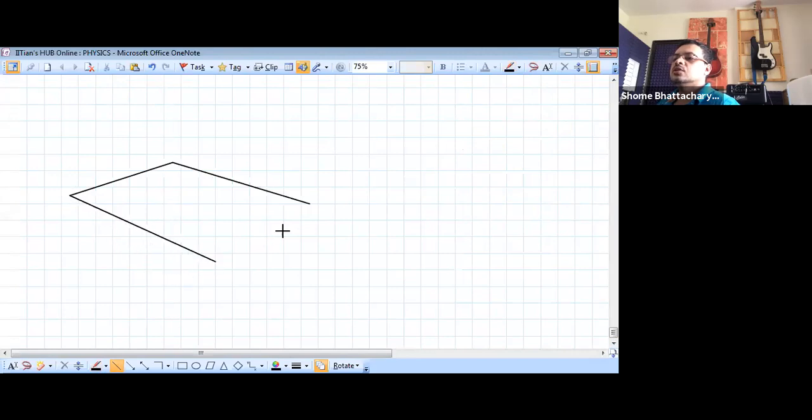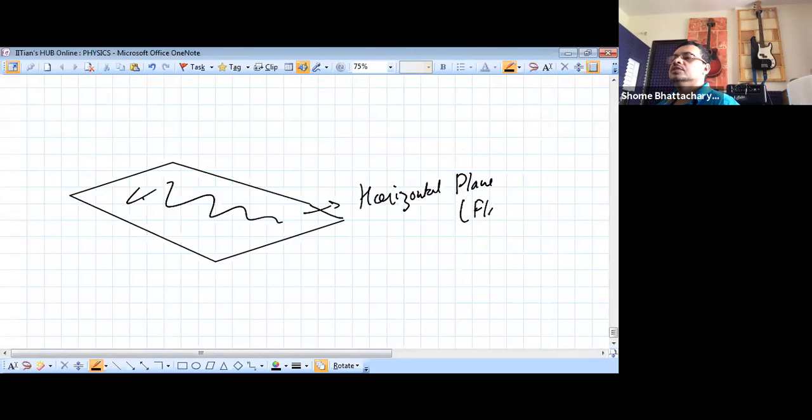Now suppose this is our horizontal plane, like the floor on which you are standing. So in this, my XY system is like this. This is my Y-axis, which is pointing northwards, and this is my X-axis, which is pointing eastwards.